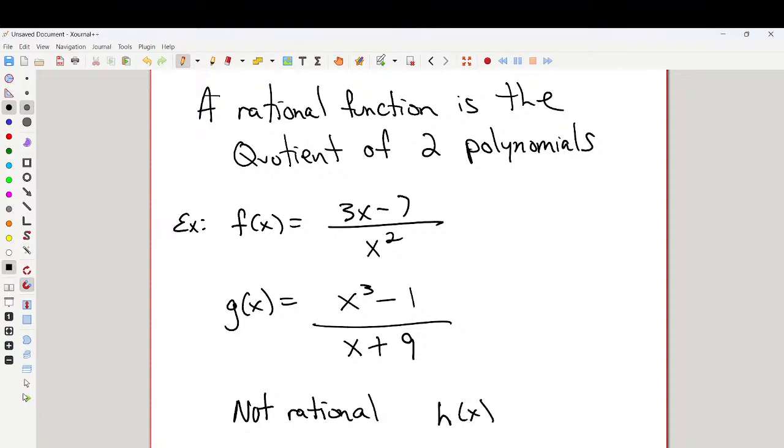I'll use h of x: sine x over x squared. You will see that in calculus, but it doesn't behave with what I'm about to go over. We can call this a fraction, but it doesn't fit into this family. So the characteristics I'm about to describe are true when it's a polynomial on top of a polynomial. This is not a polynomial. This is the sine wave.